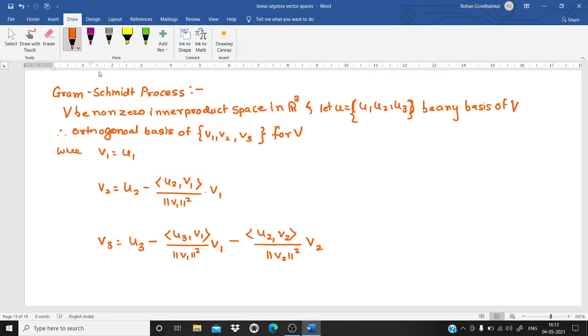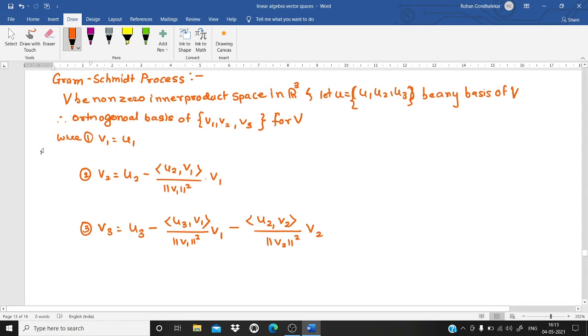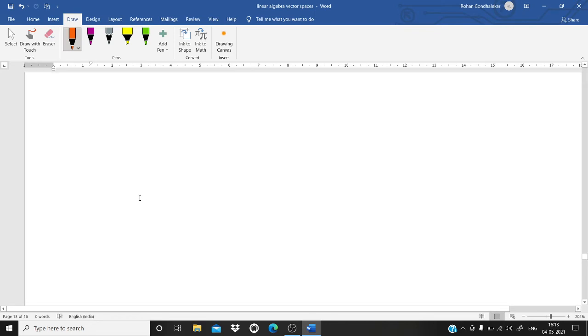So whenever there is a question to find an orthogonal basis or orthonormal basis of the given set by using the Gram-Schmidt process, we are supposed to calculate V1, V2 and V3 with the help of these three formulae. So then we get the orthogonal basis. To get an orthonormal basis, the further process is very simple. We will discuss a problem which will elaborate in detail. Okay.